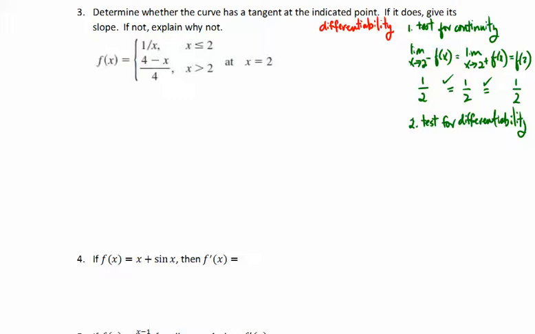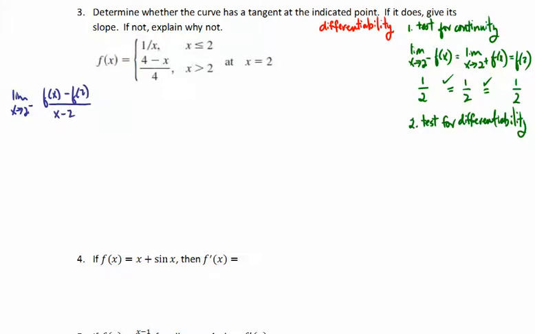And if those two limits of the derivatives are the same, then we're going to have a smooth transition from the left to the right, and the function will be considered differentiable there. So we're going to test the limit as x approaches 2 from the left of f of x minus f of 2 over x minus 2.